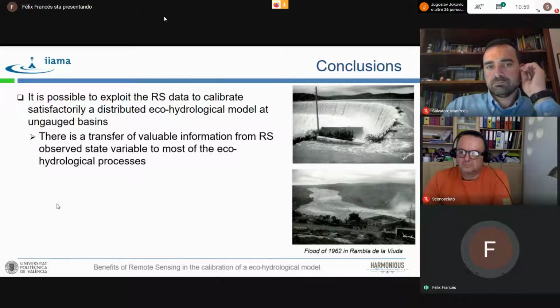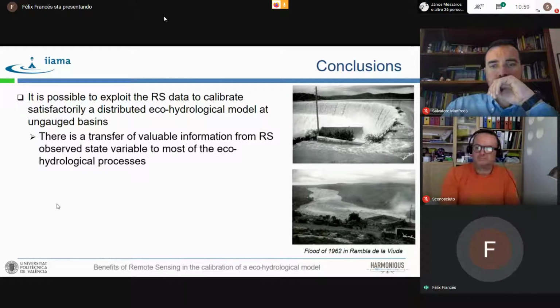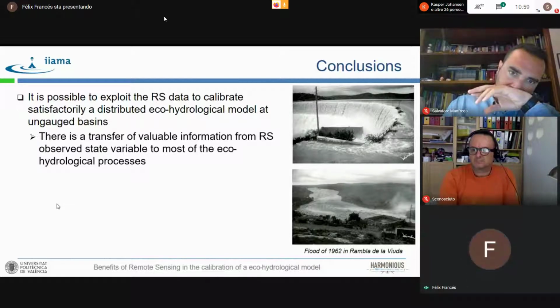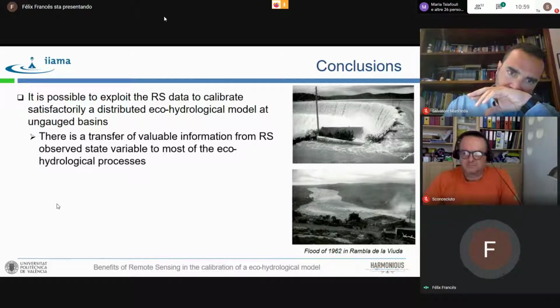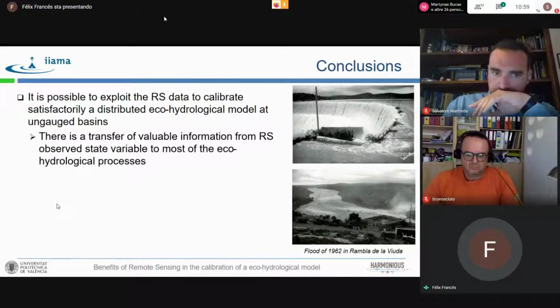Of course, there is no transfer of information from surface soil moisture to groundwater permeability or to river cross sections, but concerning the upper part of the soil, there is this transfer of information, which is affecting even the discharge at the outlet at daily time step.